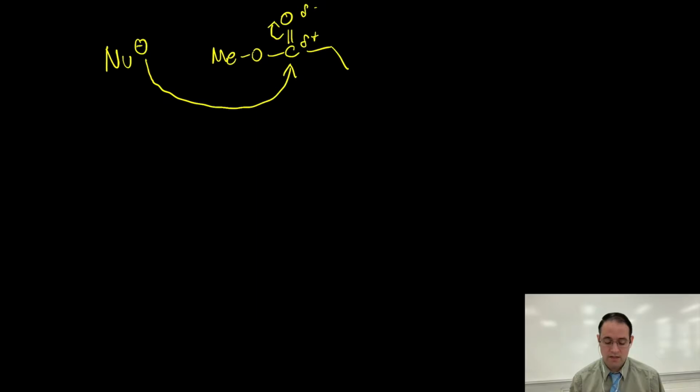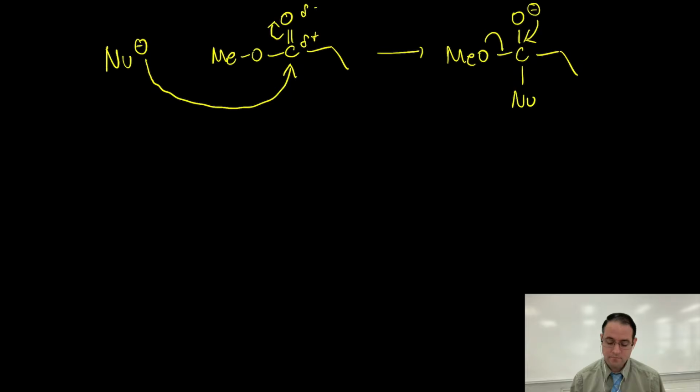And so you get a tetrahedral intermediate, where your nucleophile has attached to that carbon, okay? And then you have fragmentation to kick off the leaving group, okay? Methoxide, for example. And that's gonna give you a substituted product, okay?